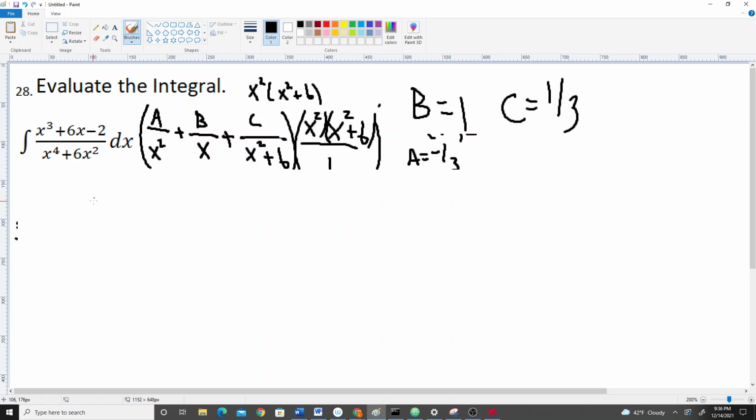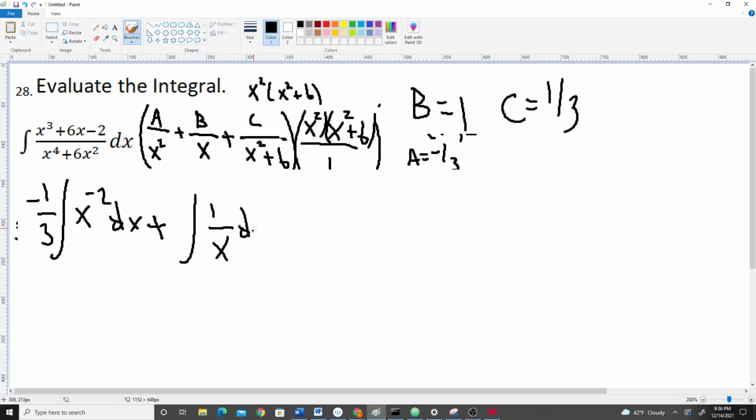Now we have the integral, and for a, we have negative 1 over 3, and then x squared in the denominator is the same as x to the negative 2, dx, plus b, which was just 1, that would just be the integral of 1 over x dx. And then we have the integral of c, which was 1 over 3, times 1 over x squared plus 6.